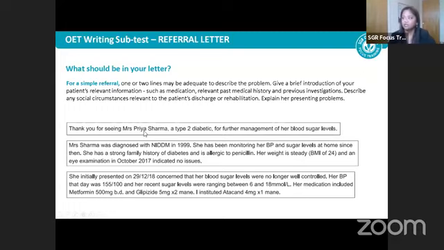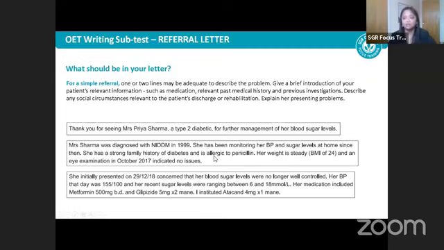After making your introduction, you can see that this letter goes immediately into giving a bit of background information about Mrs. Sharma, that she was diagnosed with NIDDM in 1999, the fact that she's been monitoring her BP and sugar levels at home, her family history, her allergy, her weight, and any other personal, social, or medical information will be there.